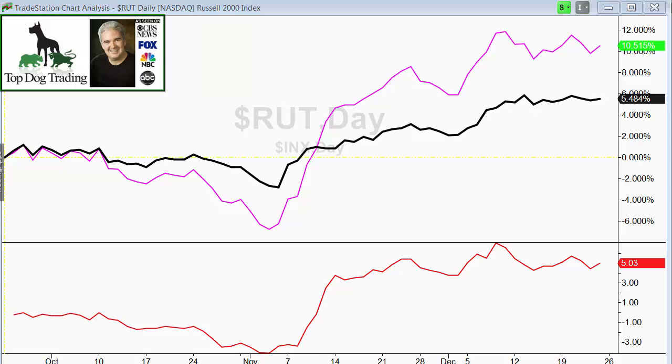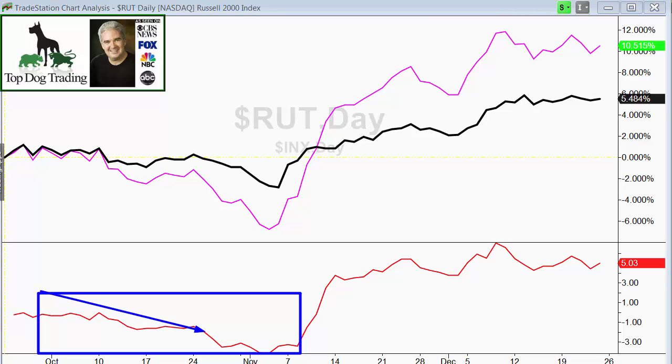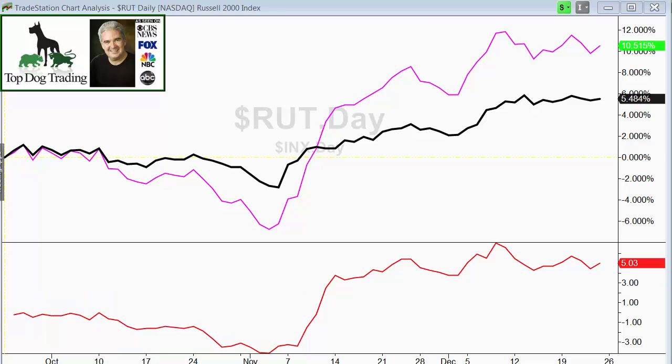If you look at this, what you see is that this line is going down, down, down, down, down. And that means, of course, that our secondary market, the Russell in this case, is underperforming the S&P. Then we're looking for a shift.